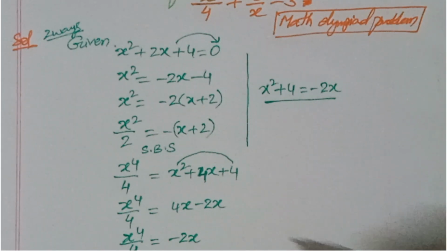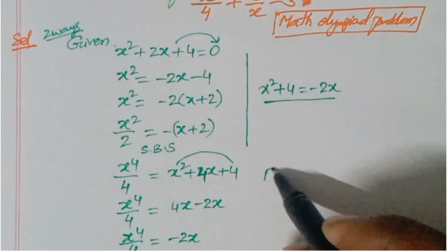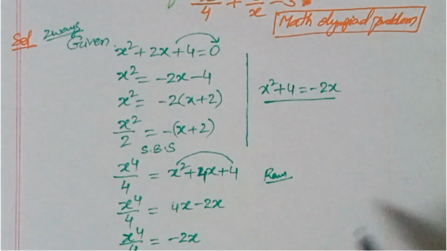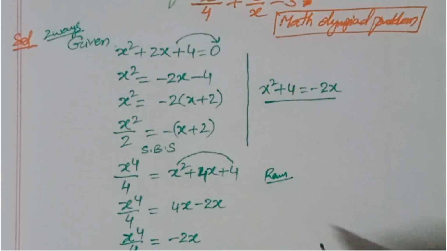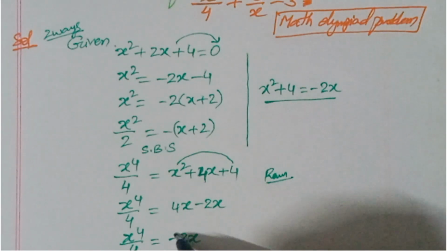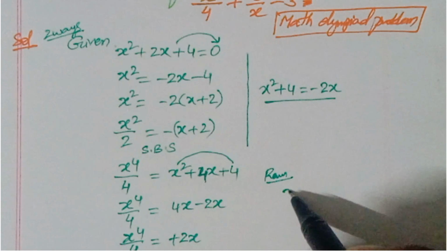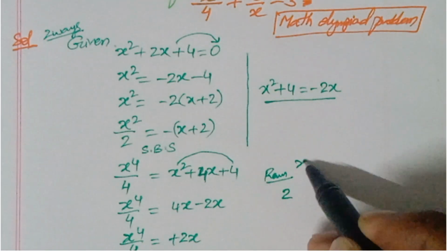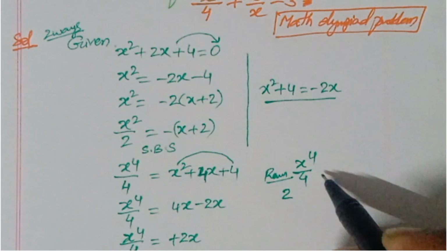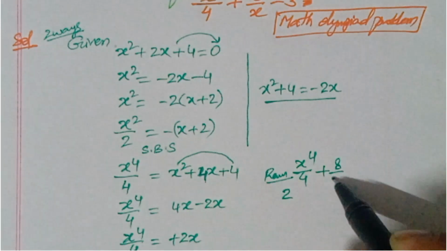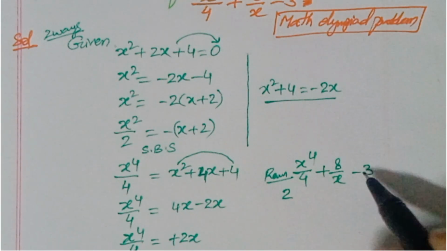So that is the value you are having. What is required now? The required is x power 4 by 4 plus 8 by x minus 3, that value you have to find.